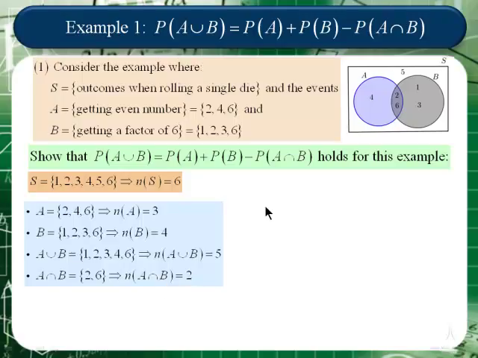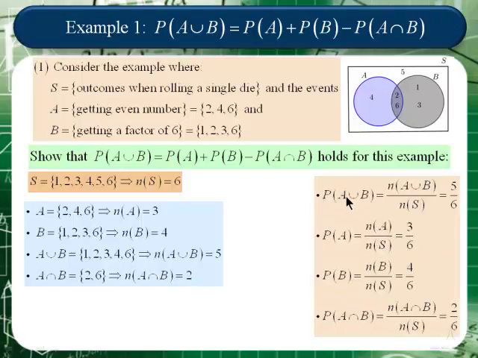Now what about the probabilities? The probability of A union B is the cardinal number of the union divided by the cardinal number of S, so that is 5 over 6. The probability of event A is the cardinal number of A divided by the cardinal number of S, so that is 3 over 6.